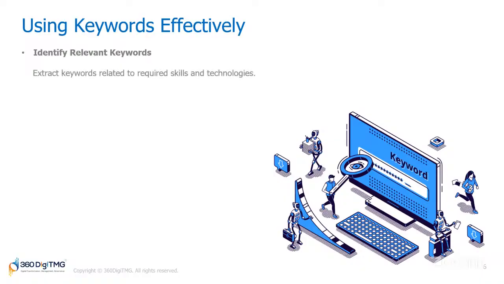So how to identify relevant keywords for that particular job role? Well, you should extract related keywords. You should read that JD and understand what the required skills, technologies and keywords are. The names of those skills and technologies will be keywords.